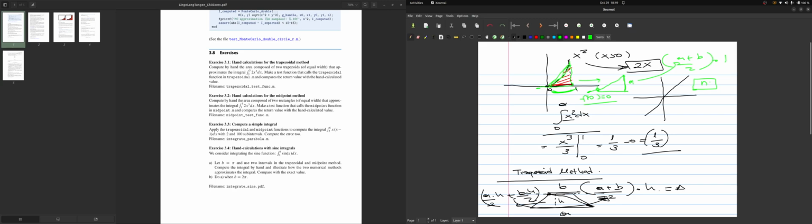So if this is 1, we have a plus b over 2. What is a? When you give 1 to the function, you end up having 1, so it is 1 over 2, 0.5. But the real value is 1 over 3, for example.